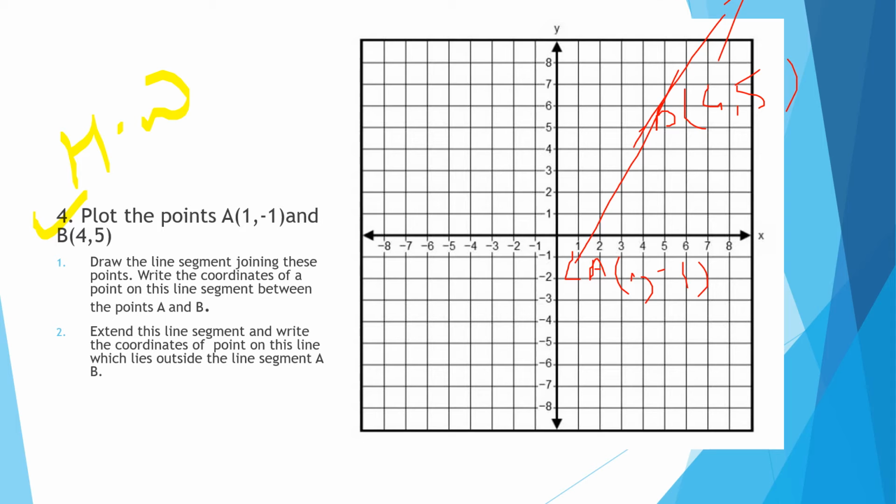So find out a coordinate which lies between AB, and in the second part, extend this line. You produce this line in both ends and write down any coordinate which lies outside the line segment AB. So take this question as homework.